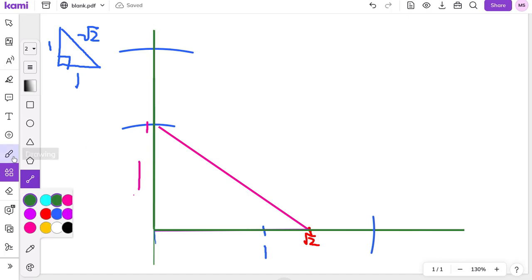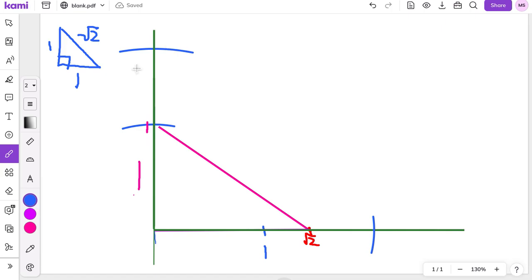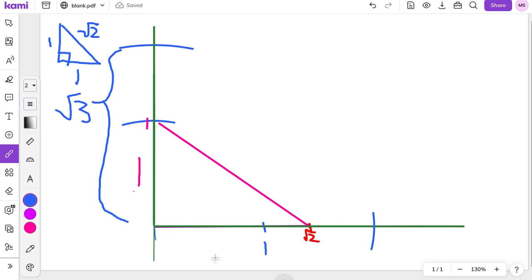And now I hope everyone agrees that this length here is the square root of 3, and that this length from here to here is 2, aka root 4. And therefore the hypotenuse will be the sum of those as a square root.